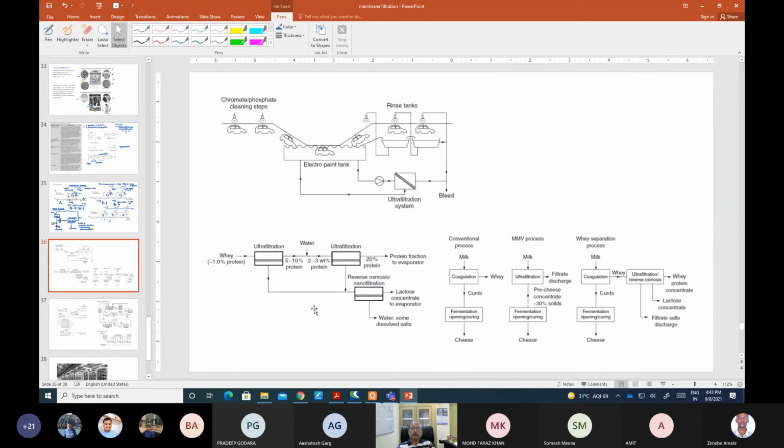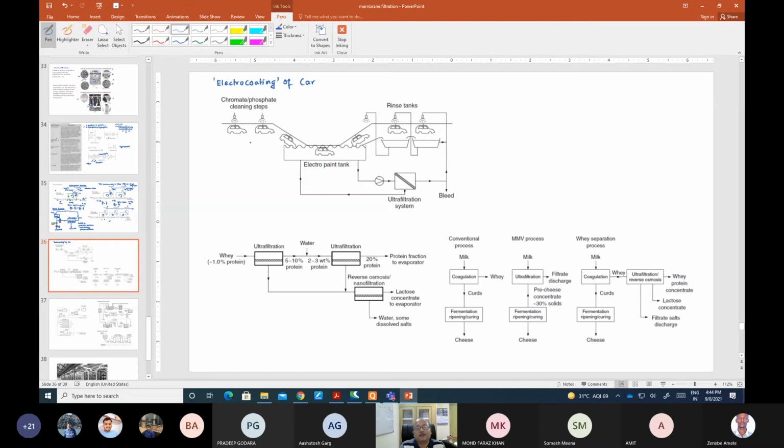Now let me get quickly into these applications. So this application is from a car system. This is from electrocoating of cars. So you can see these cars right here, and this is exactly how they are done.